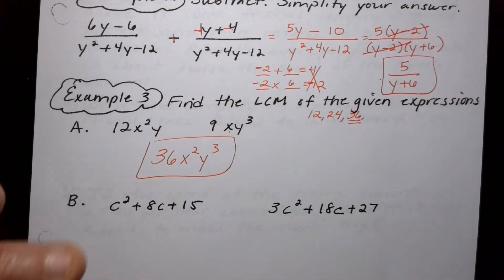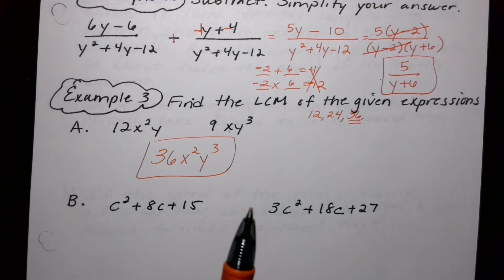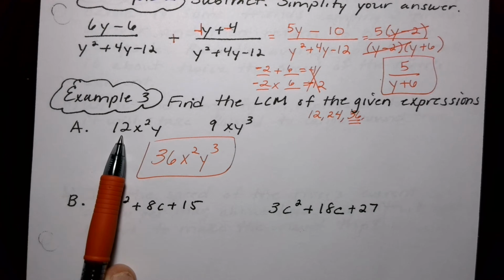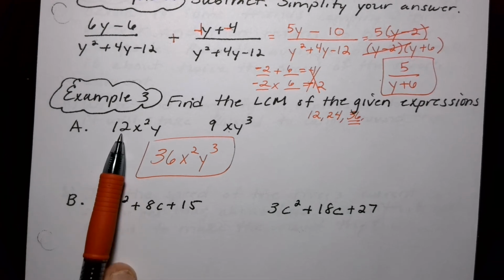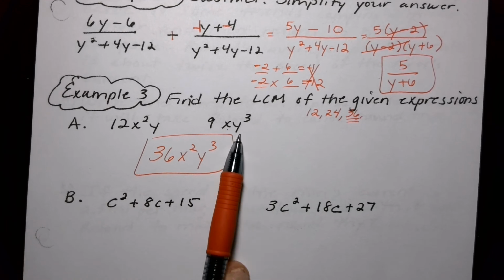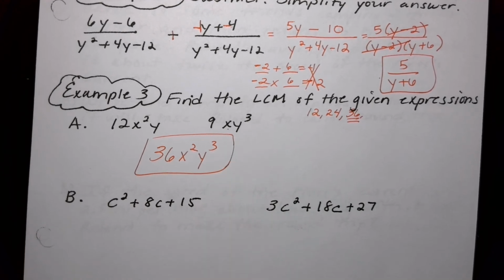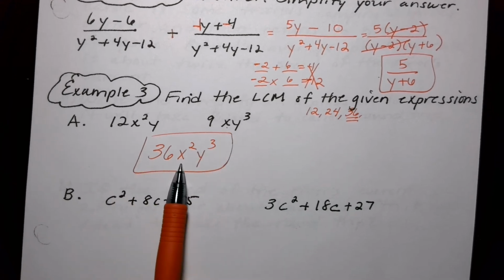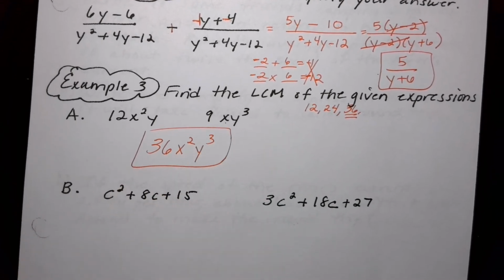And that is the least common multiple. Okay? That means I can multiply this, let's see, by 3y squared, and I'll get this. I can multiply this by 4x, and I'll get this. So you're trying to find out what is that thing that you can multiply each of them by to get it, but it's the smallest one.